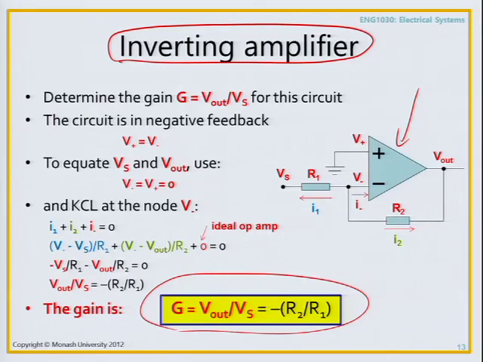Because R2 and R1 have to be positive, the overall expression must always be negative, which means that if I put a signal in here that goes in one direction, the signal on the output would go in the opposite direction. But it would be scaled by a factor of R2 over R1. Interestingly enough, you could actually have the output signal being smaller than the input signal if you made R2 smaller than R1.